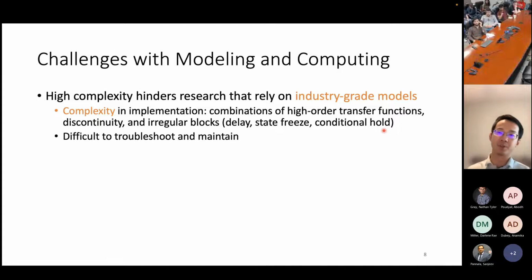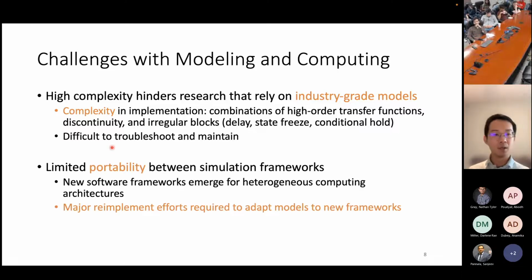Some of those may be familiar if you have looked at those industry renewable models. So when a voltage dip comes, a state needs to be frozen and remain frozen for a designated number of seconds after voltage recovery. So these are difficult to implement and troubleshoot.